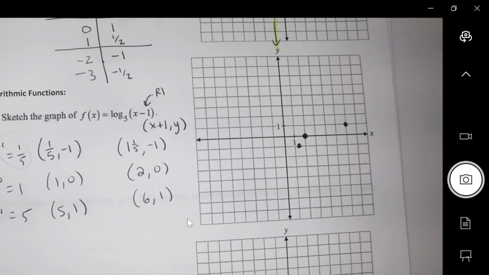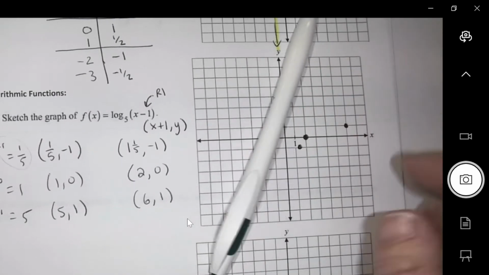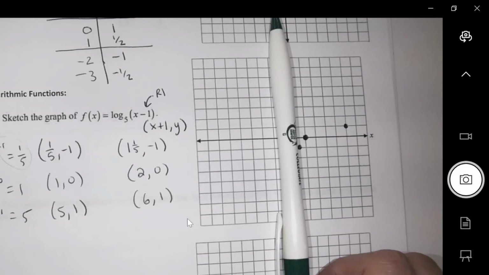Okay, do you remember the just general shape and asymptote on a log? Because there's an asymptote. Do you remember how it goes? With logs, do we have them vertically or horizontally? Vertically, normally it's like here, right at 0.